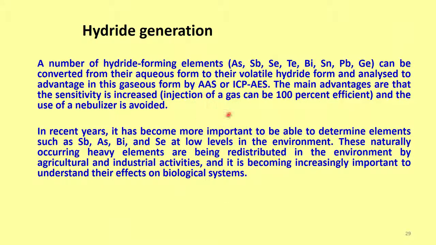I want to spend some time on this hydride generation, because hydride generation analysis is usually done for elements which can form hydrides. These elements include arsenic, antimony, selenium, tellurium, bismuth, tin, lead and germanium.